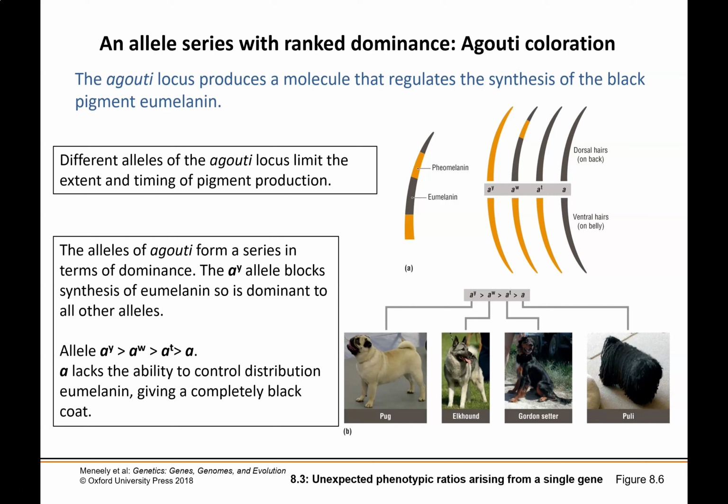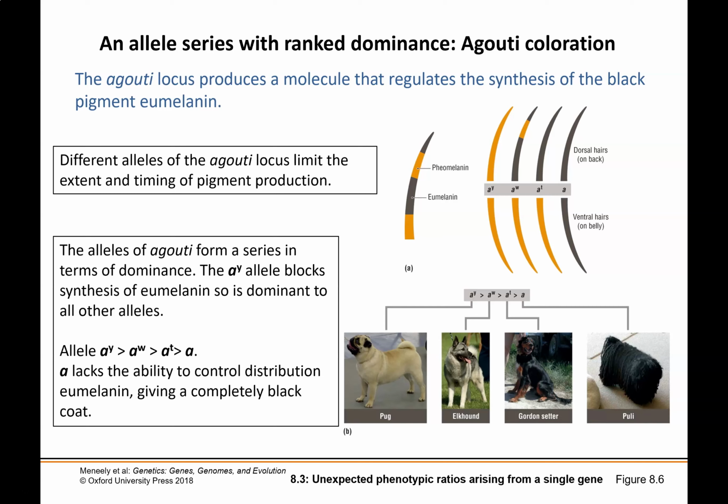So if you are fully dominant for this, you actually produce something called pheomelanin, and that completely blocks eumelanin. So you see no black at all. Now this agouti gene has different expression patterns in different places. So you can actually get a different color pattern on the top half of the animal than the bottom half.